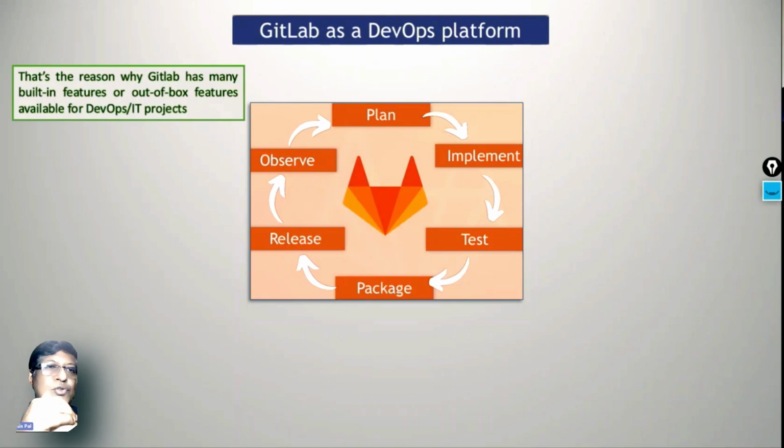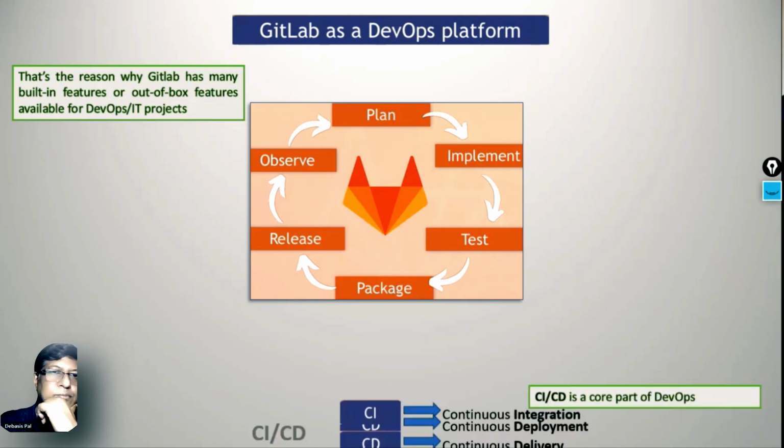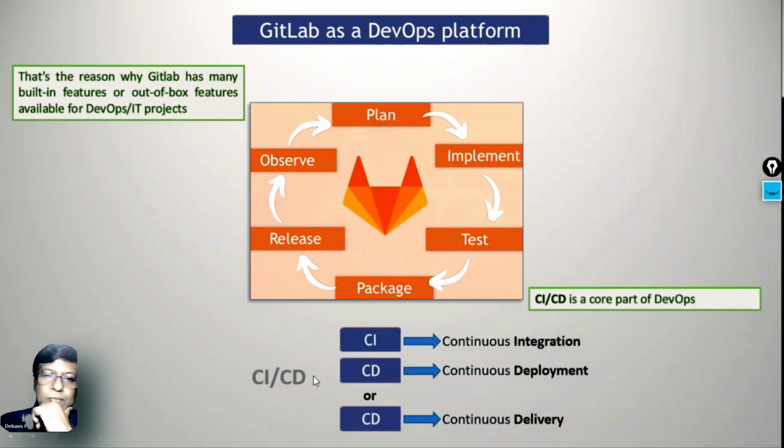That's the reason why GitLab has so many built-in, out of the box features available for DevOps or IT projects. CI/CD is the core part of DevOps. Like a company is producing steel. Steel is a core industry, so the company has a core strength of producing steel, but the company is also producing soap, some detergents, small products, byproducts.